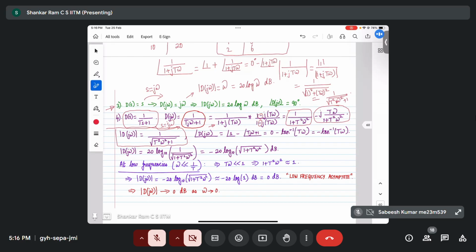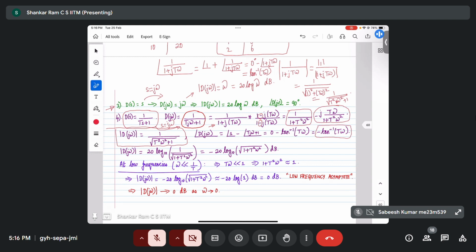So the phase of 1 divided by 1 plus j t omega is minus the phase of 1 plus j t omega. And if you remember, the phase of a complex variable is tan inverse of the imaginary part divided by the real part. The imaginary part is t omega, but the real part is 1. So that is why we end up with minus tan inverse of t omega. I hope how we got these two expressions is clear.